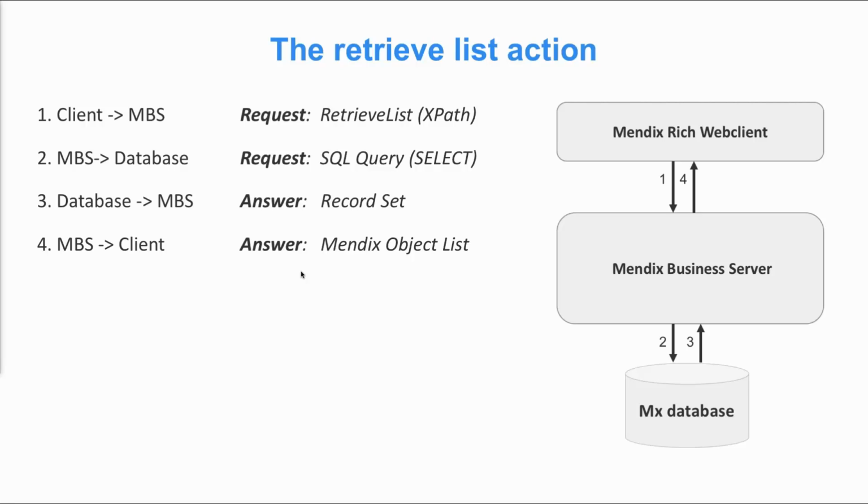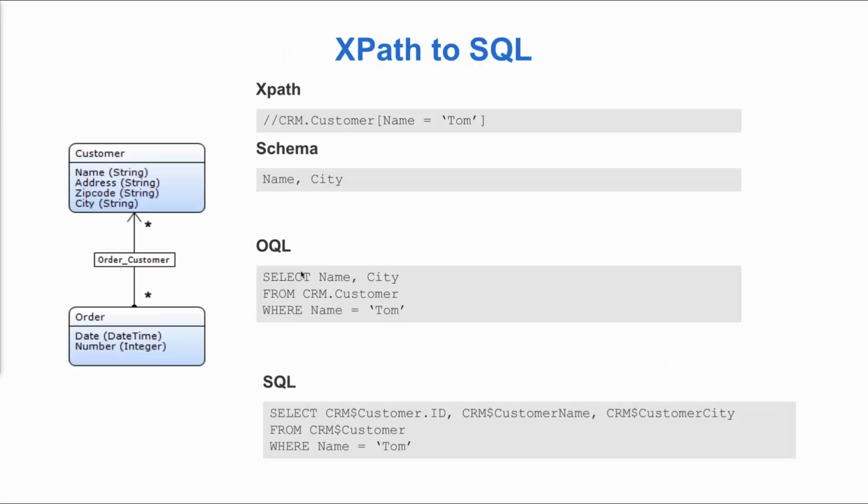So this is what happens on, for example, a retrieve list action. From the client, you're querying a retrieve list, which gets converted into a SQL query into the database, and then the database gives that back into the Mendix business server, or the application server, and that returns it back to the client. So here's an example of you are within the customer page and you want all the customers where the name is Tom.